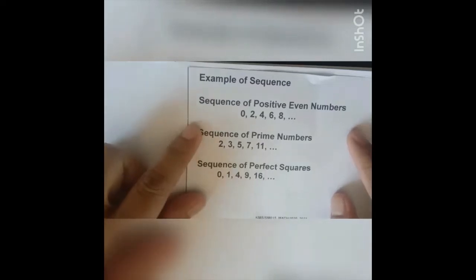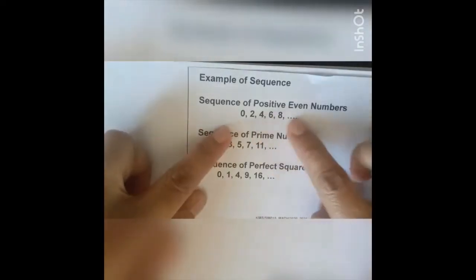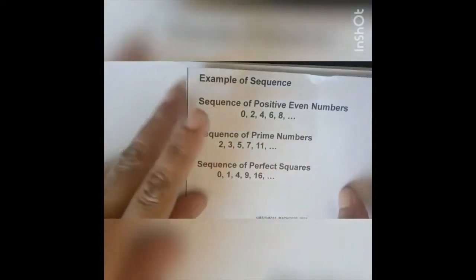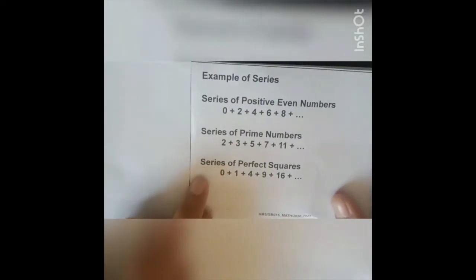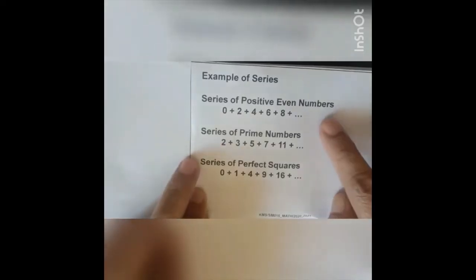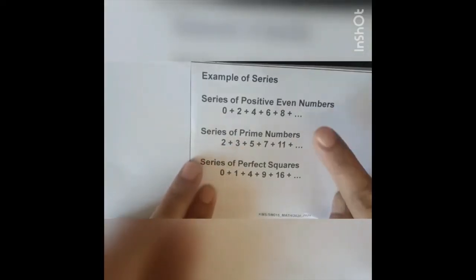This is the example of a sequence. For the sequence, we have the comma signs. And this is the example of a series.